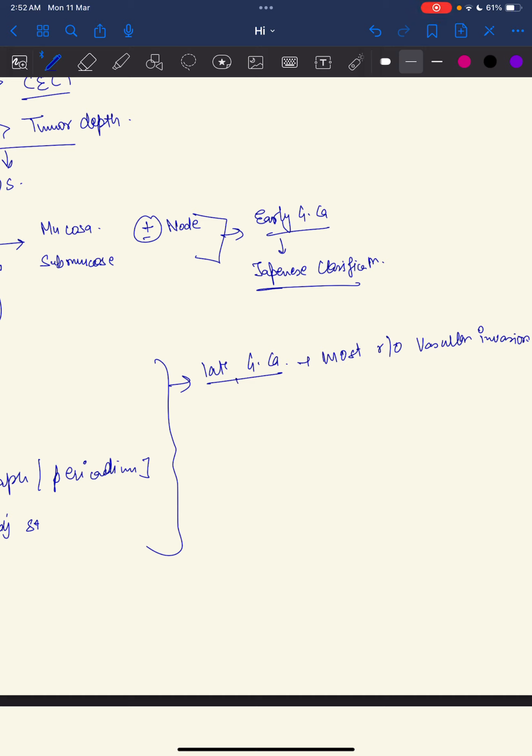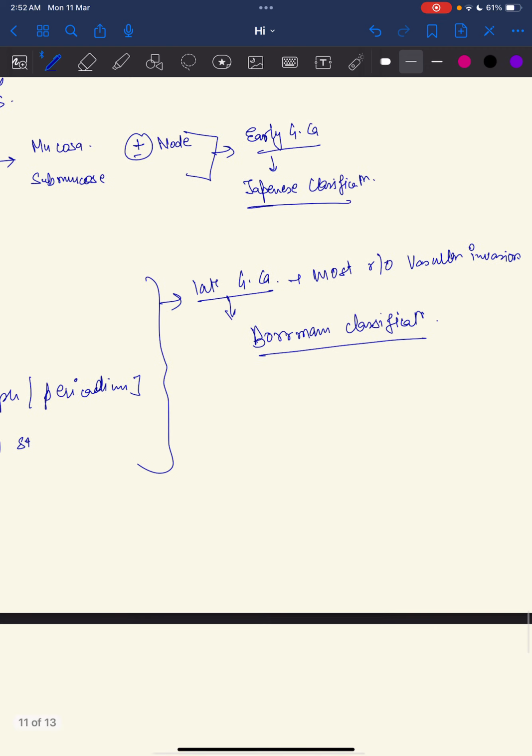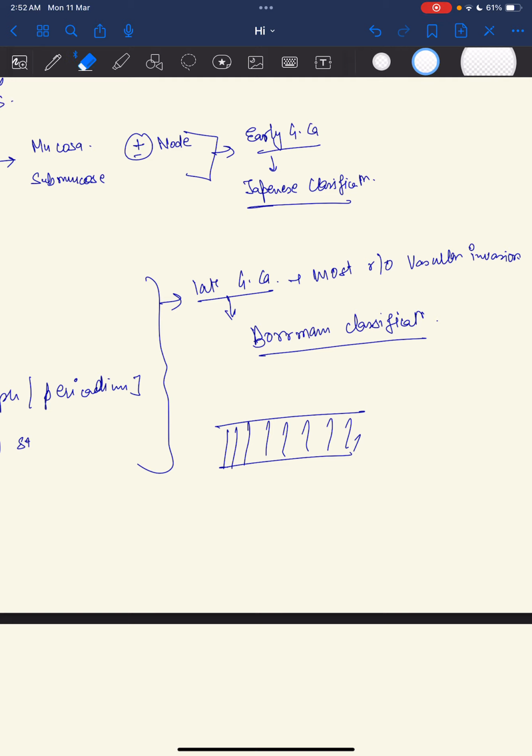And in late gastric CA we have Borrmann's classification. In Borrmann's classification, the first is the polypoidal one.